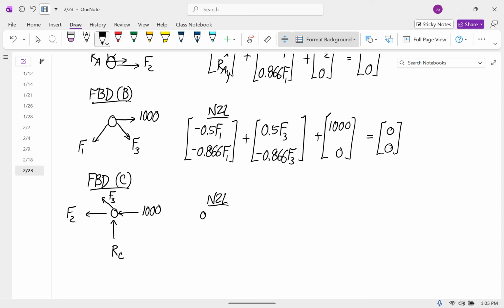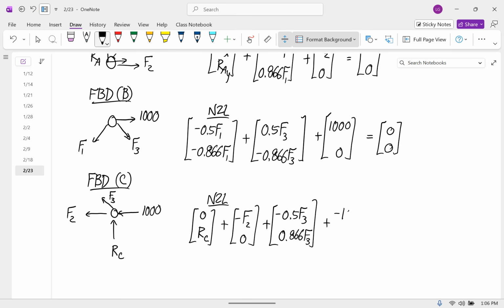So we have 0, RC plus negative F2, 0, plus negative 0.5 F3, positive 0.866 F3, plus negative 1,000, 0.